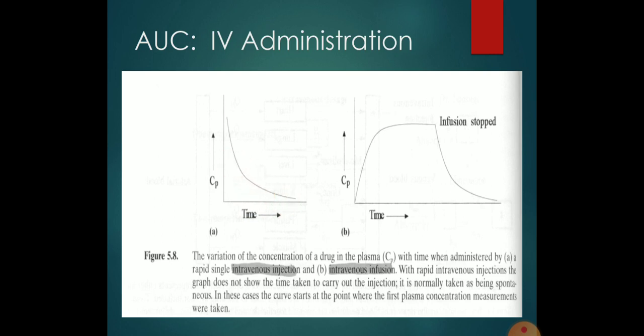Whereas if you continuously infuse a drug via the intravenous route to maintain a certain concentration, the curve will show a different look, and it will go like this, and then it starts following the path of elimination, and the area under this is called the area under the curve.